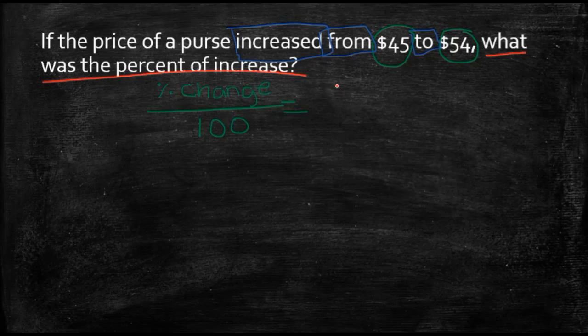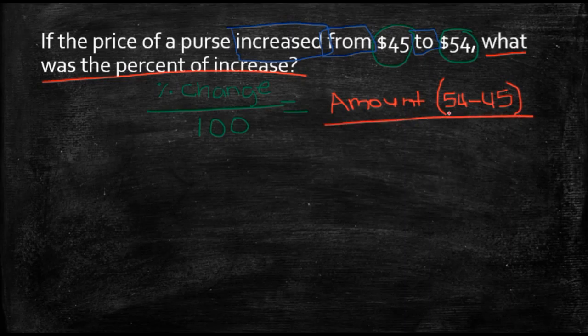And the amount of change, which is going to be $54 minus $45. We learned that we could subtract to get our change amount. And the original amount we already decided was 45.